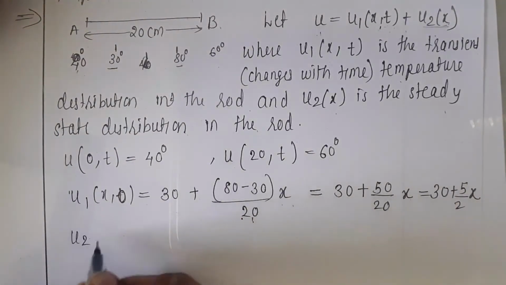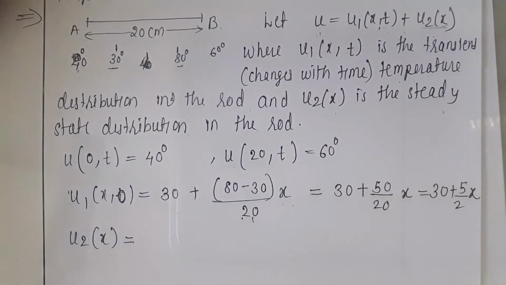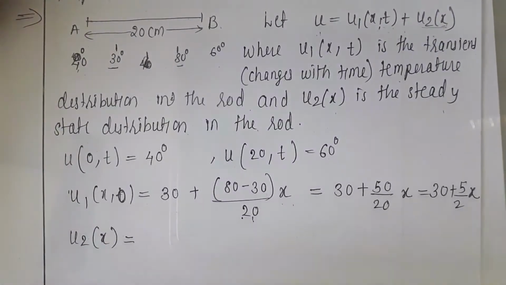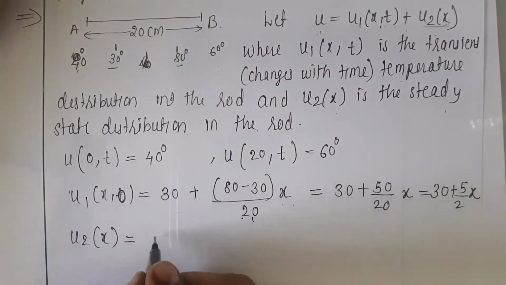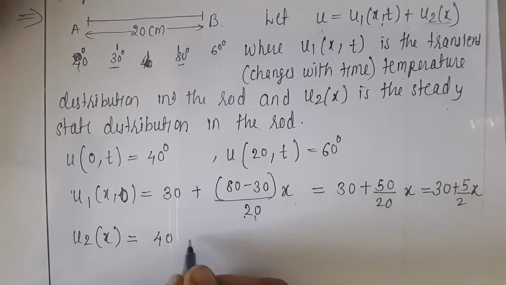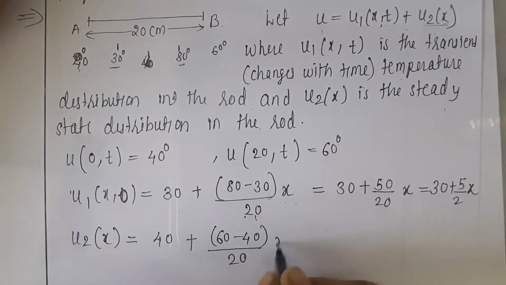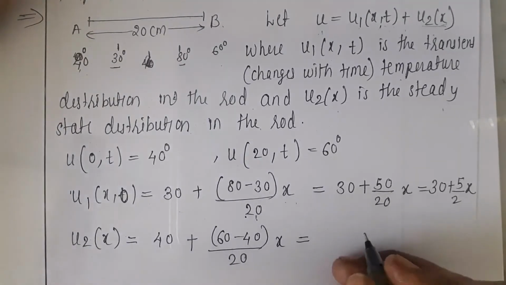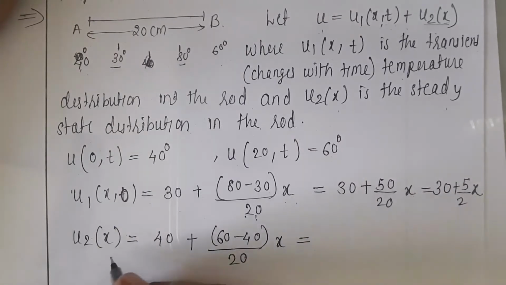Secondly, that is u2 of x. Here we don't have any time value, so we simply find out what is u2 of x. The recorded temperature is 40 degree plus (60 minus 40) degree divided by 20 multiplied by x. This is not at time t is equal to 0 or t is equal to 1.